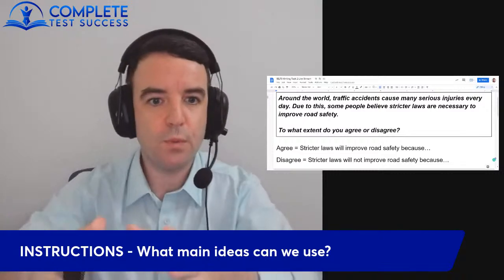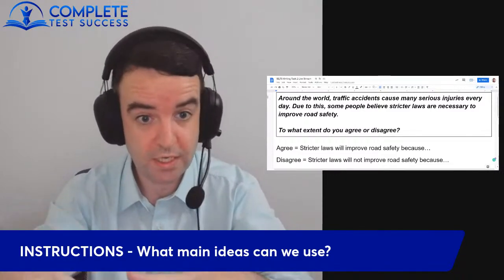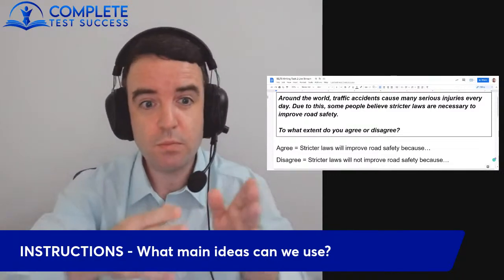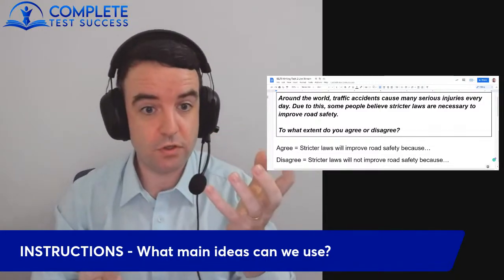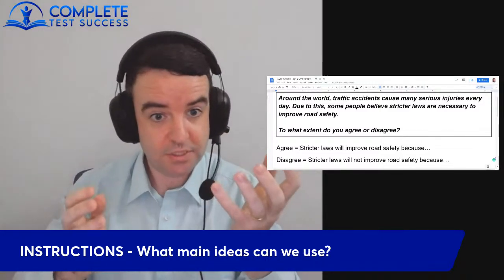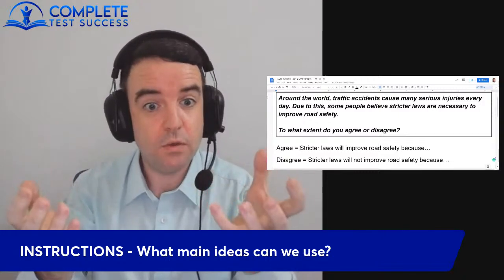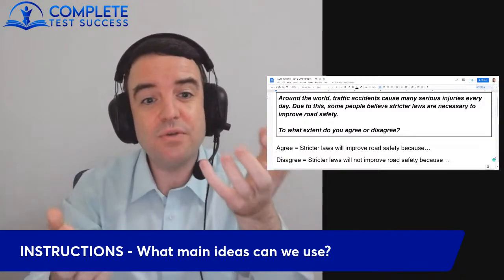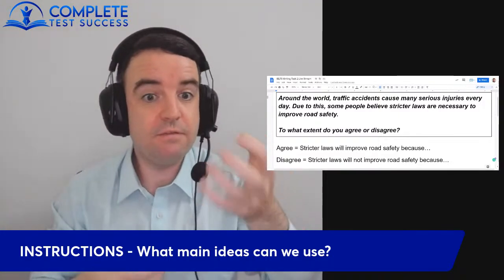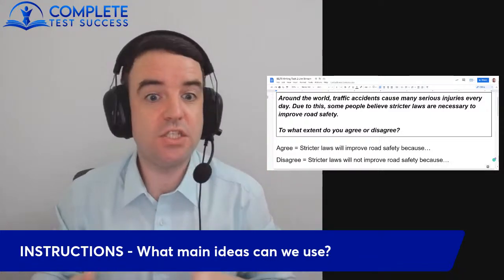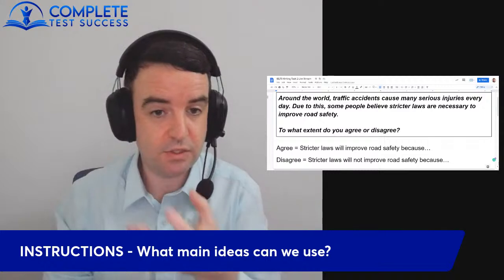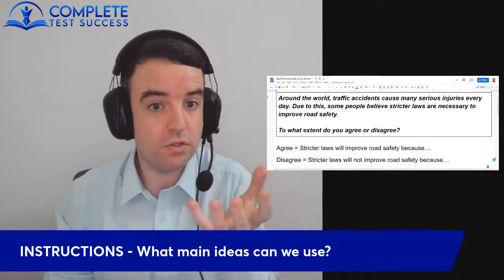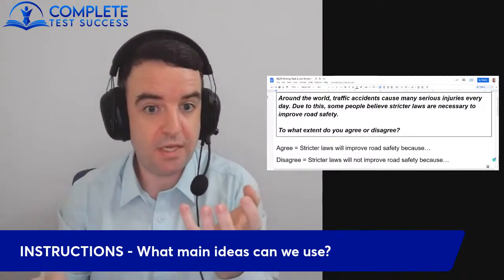Of course, the outcome we want is fewer road accidents, fewer injuries. But what's the connection? So let's say in my country, we introduce stricter laws, and because of that, there are fewer accidents. But why? How did the stricter laws influence the people to change the way that they're driving? So if you're agreeing, that's what you're saying. How did these stricter laws change people's behavior?